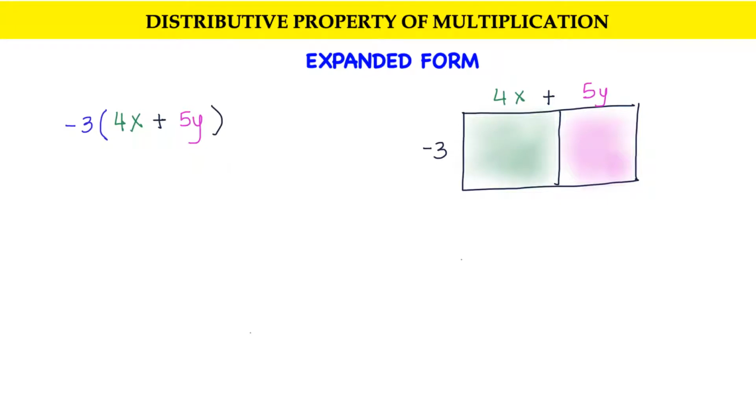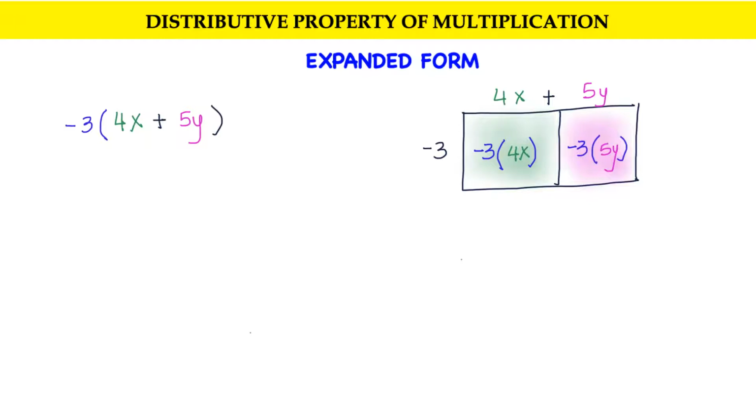So let's say this is the length and this is the width. The area of this green room would be -3, which is one side, times 4x, which is the other side. And the area of the pink room would be -3 times 5y, because those are the two sides of the rectangle.